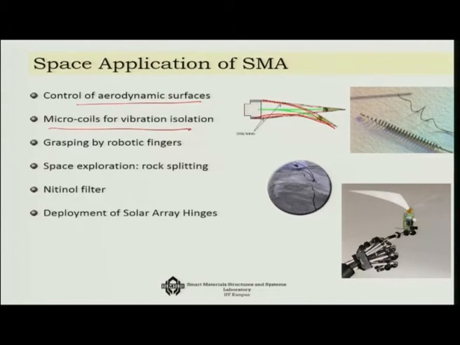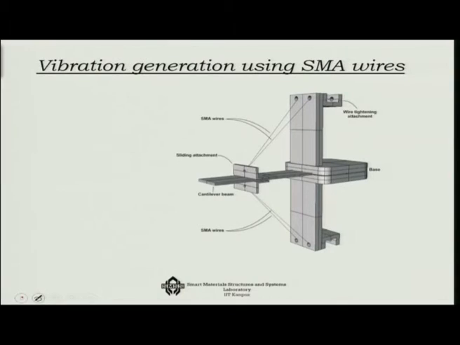Microcoils for vibration isolation, or grasping by robotic fingers, that is also done. Space exploration or rockets, rock splitting. Then development of nitinol filters or deployment of solar array hinges. There are many applications, particularly space applications of SMA.